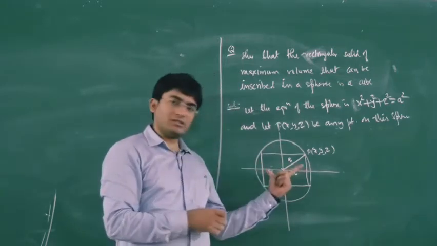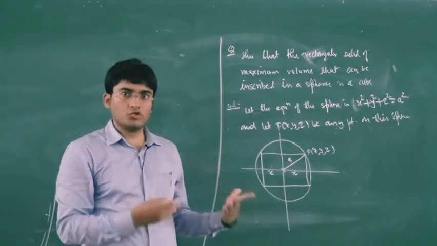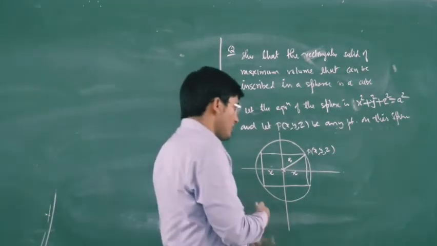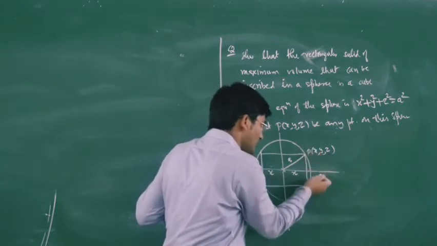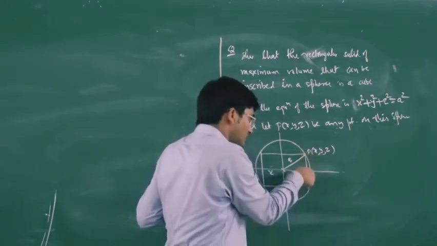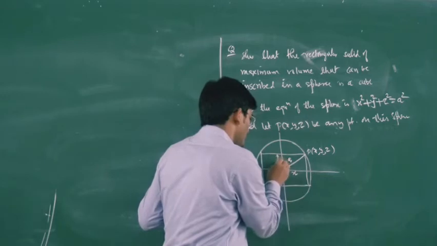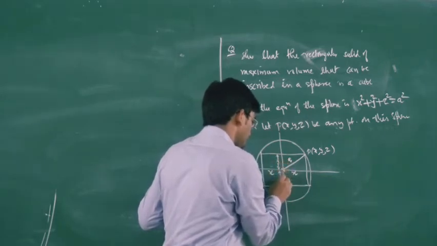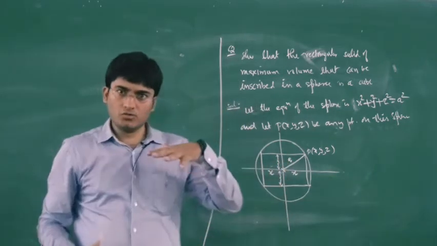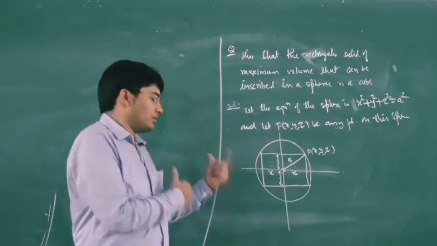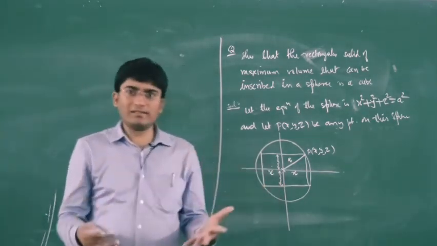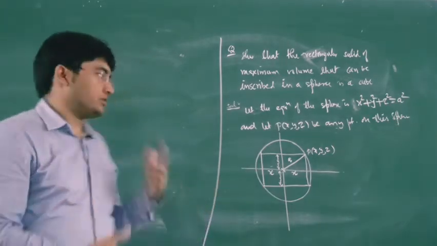So one side of the rectangular box is 2x. If this length is 2x, then the next side is y and again y, so this will be 2y. So the length is 2x, the breadth is 2y, and similarly our height is 2z.